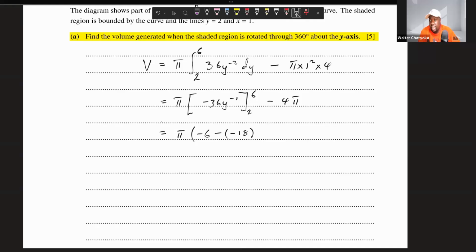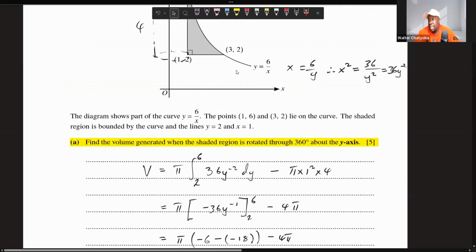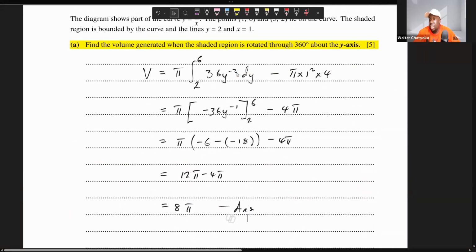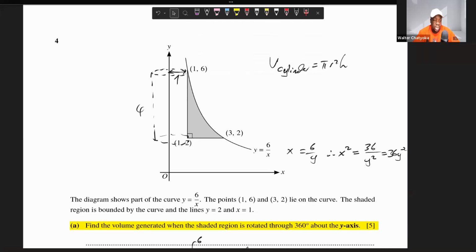And all this is minus 4 pi. So inside here, 18 minus 6 is 12. So we have 12 pi minus 4 pi, and the answer comes out as 8 pi. And that's the answer we get for this question for 5 marks. That's essentially how we handle this type of question. So it's very important that you know how to do this.